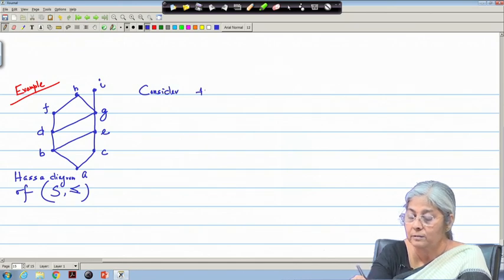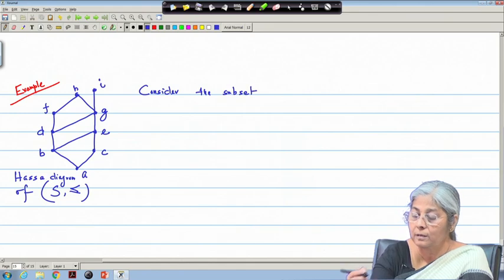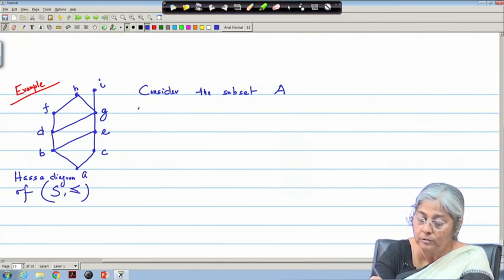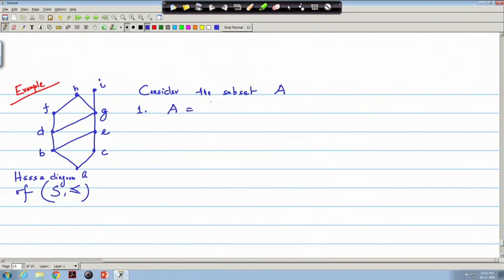Now, consider the subset A; we consider different subsets. For the first case, I consider A equal to {A, B, C}, and we see what the upper bound will be.